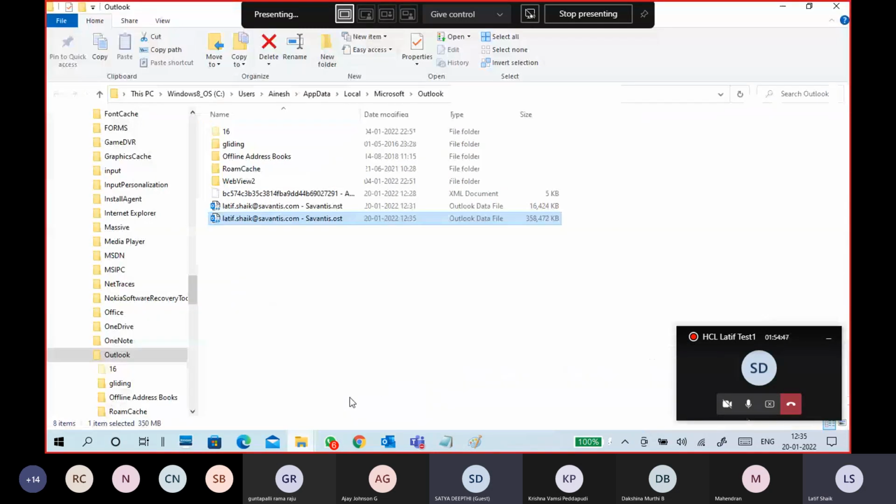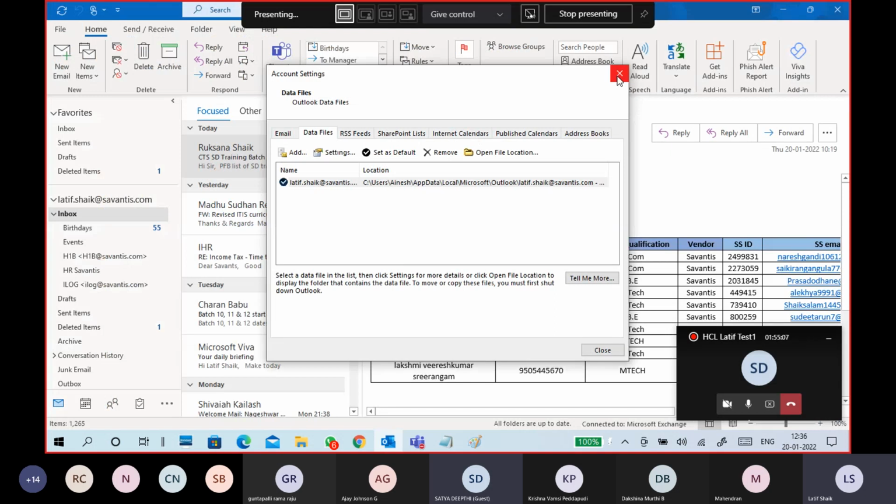How is it possible? Because of Outlook. Outlook downloads the mail and stores it in my local PC, so I can access the mails anytime. This is my mail database. All my mails will be stored in this file only. That is the main purpose of Outlook. What is Outlook?